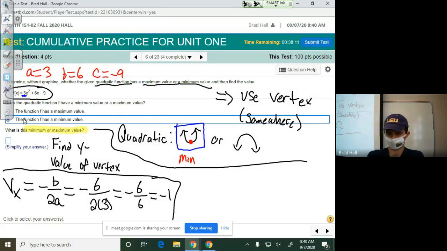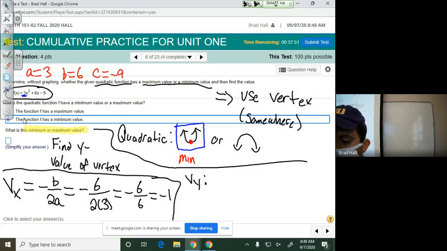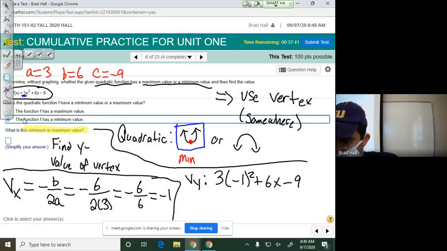But we're not done. We have to plug that -1 back into the function to figure out the y value, and then we will be done. So to figure out the y coordinate of the vertex, we will plug in that x coordinate. Not x, put -1.